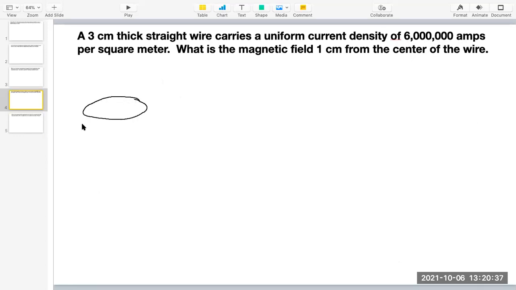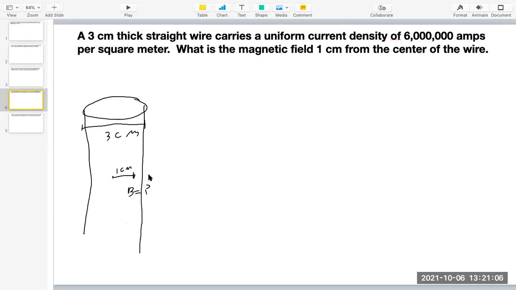Such wire, three centimeters thick, that's its diameter. And what would the magnetic field be 1 centimeter from its center?